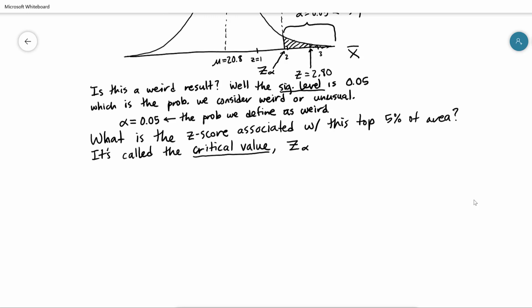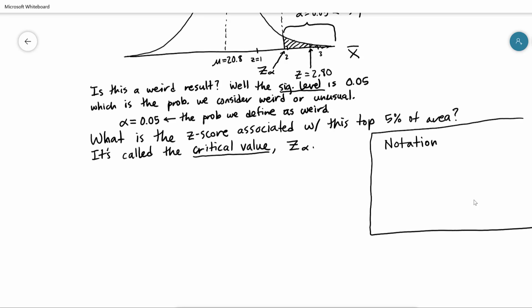So let me go into this notation. Let me do a quick side note. Let's do it on the side. This is sort of a quick aside. I'm going to box this off from the rest.